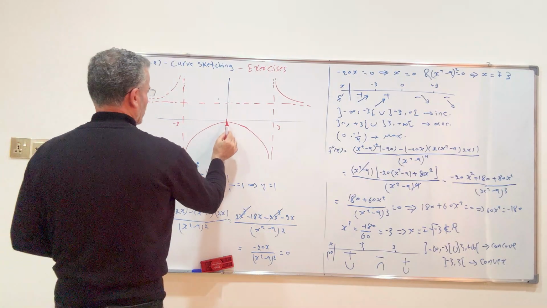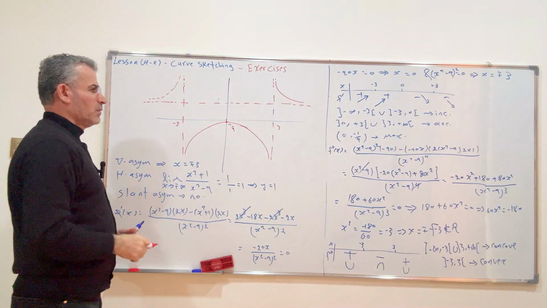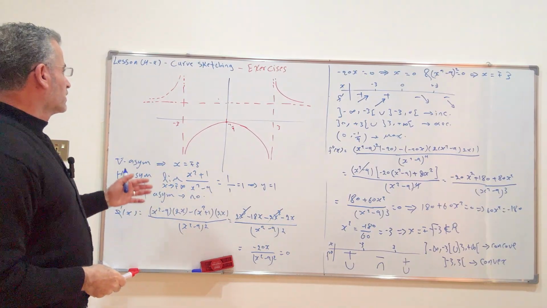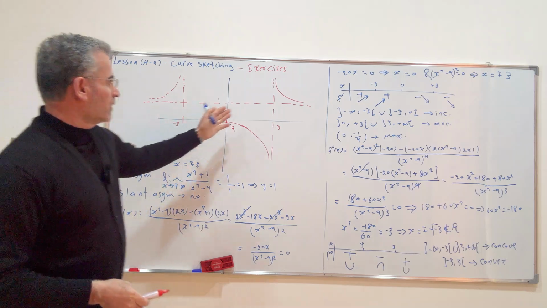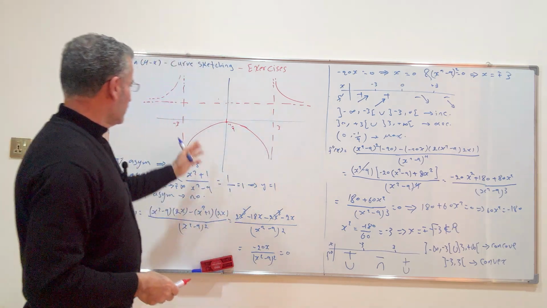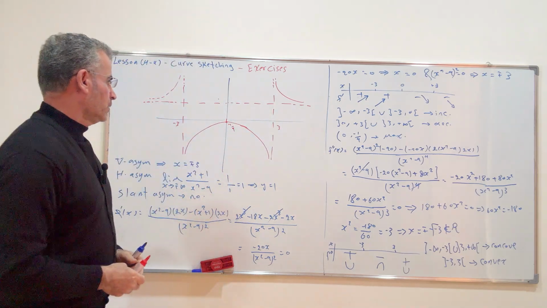The point 0, negative 1 over 9 is the local maximum value, and the function is concave from negative infinity to negative 3, 3 to positive infinity, convex from negative 3 to 3.